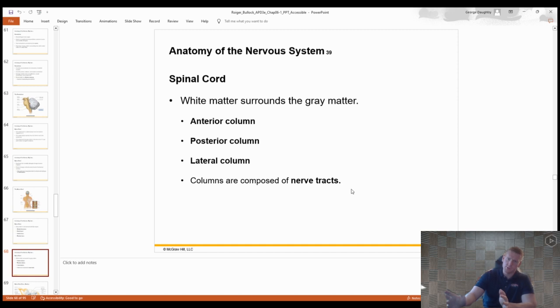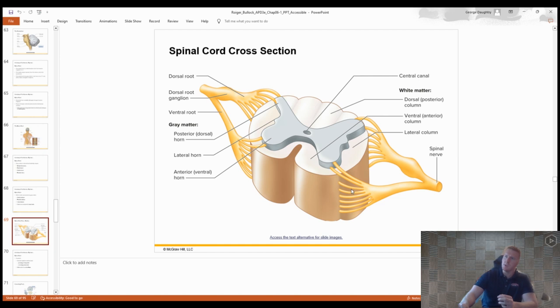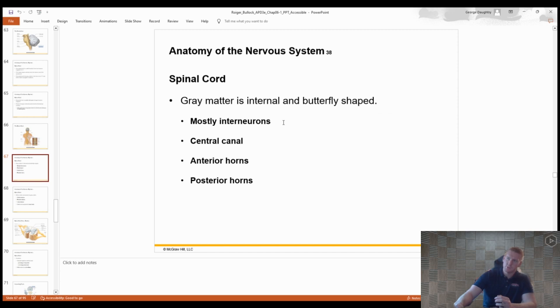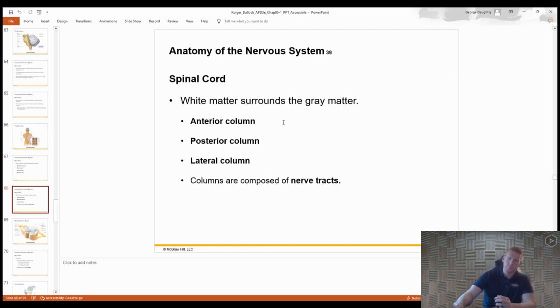So fortunately, these are mostly directional terms, nothing too anatomically complex here. And here's what it looks like all put together. The butterfly shape of the spinal cord is the gray matter. Okay. And just know that there's subdivisions of the gray matter: central, anterior, posterior.